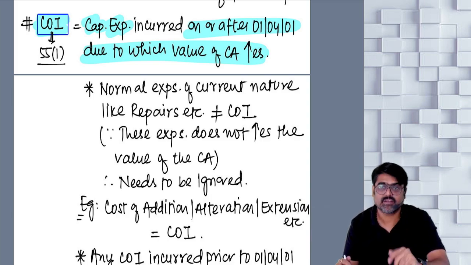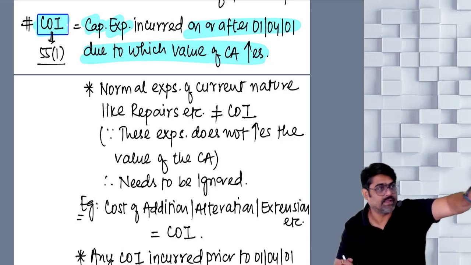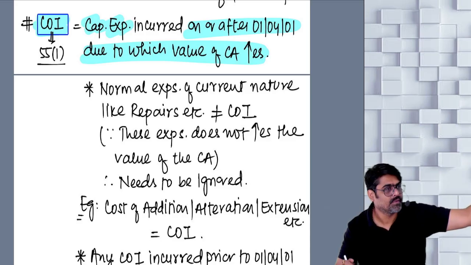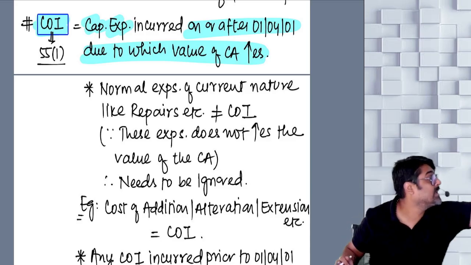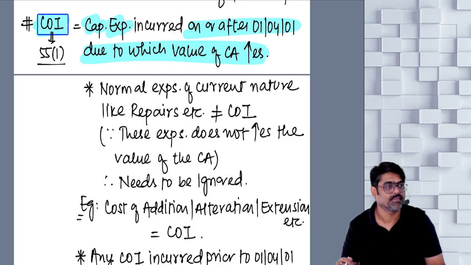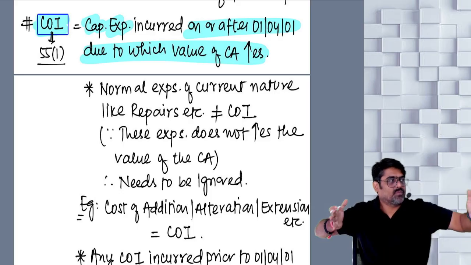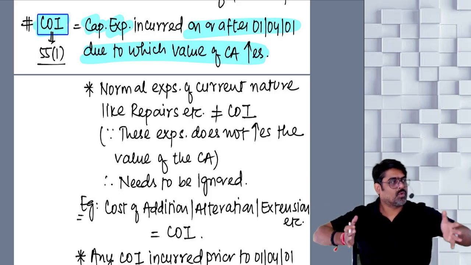Understanding? For example, I have broken this wall. This entire wall I have broken and I have extended this entire premises. The cost of only this much area, a small room, is only 30 lakhs.